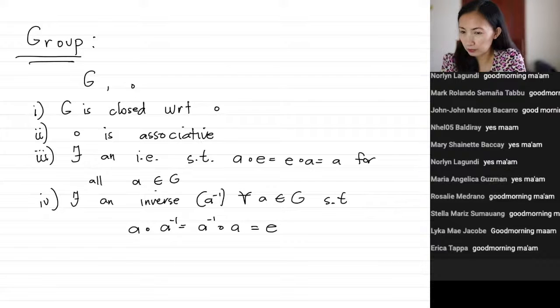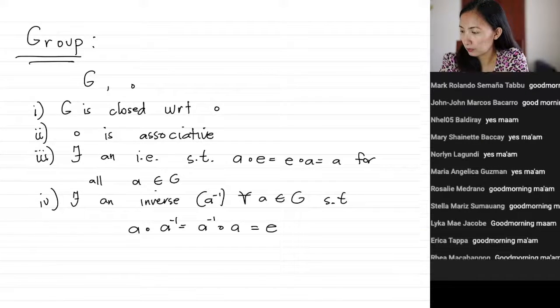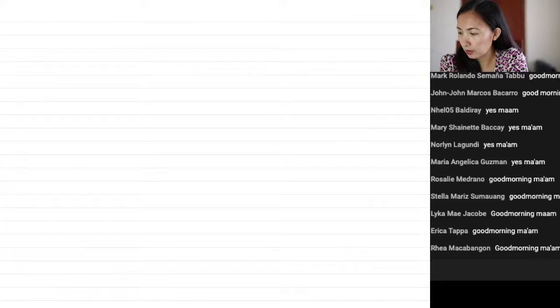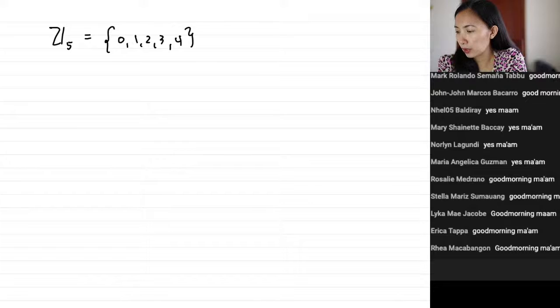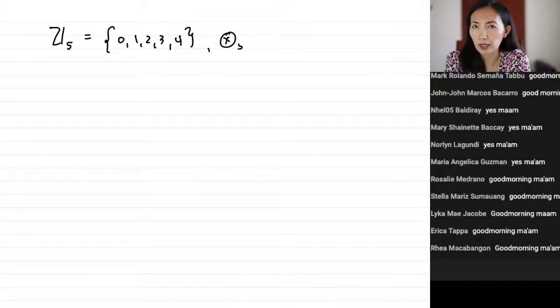Okay, let me write that down. Your set of remainders upon division by 5: 0, 1, 2, 3, 4, with respect to the operation multiplication modulo 5. If you check on the 4 properties, closure is satisfied.